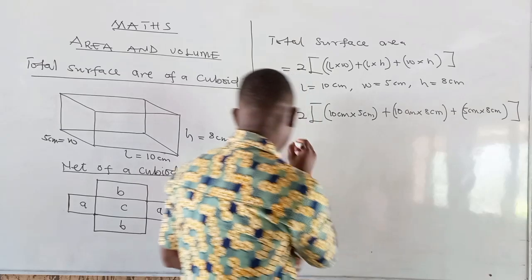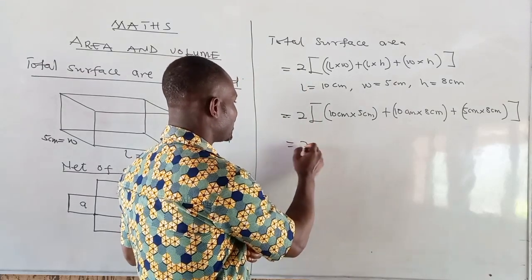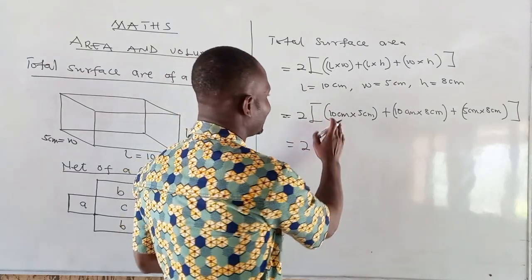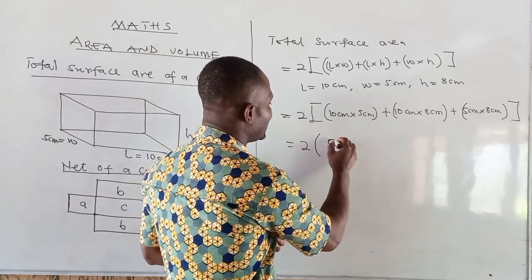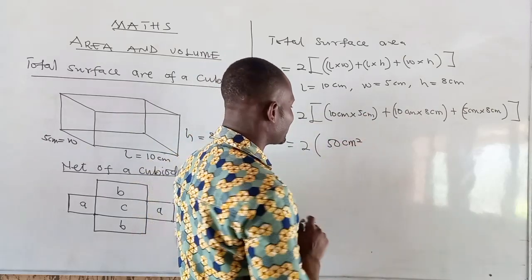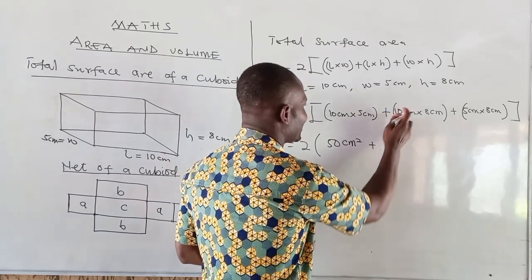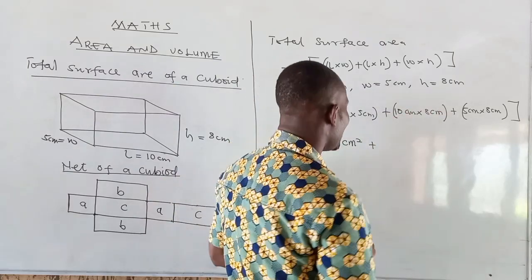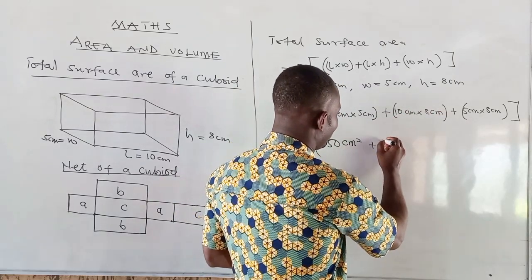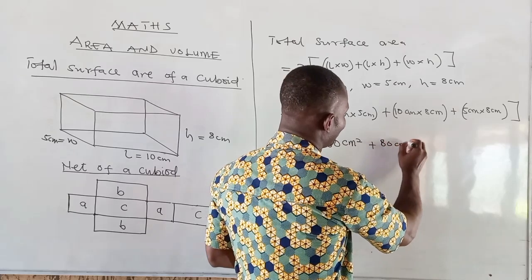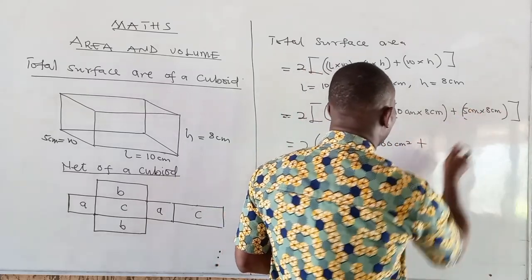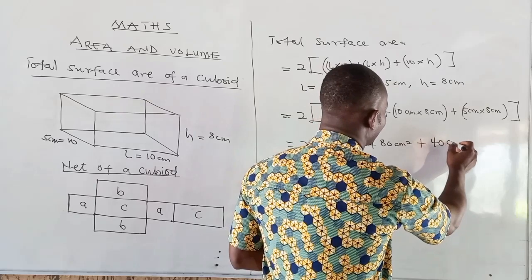Then you close the bracket. So the same way the 2 is there. Then 10 times 5 will give us 50 centimeters squared, plus 10 times 8, you get 80 centimeters squared, plus 5 times 8, 40 centimeters squared.